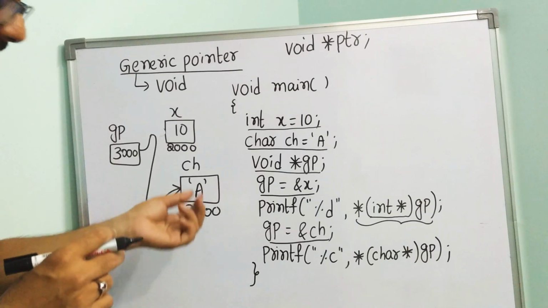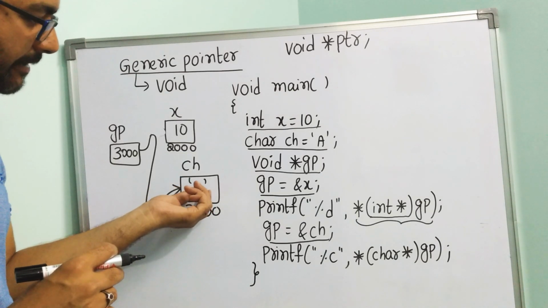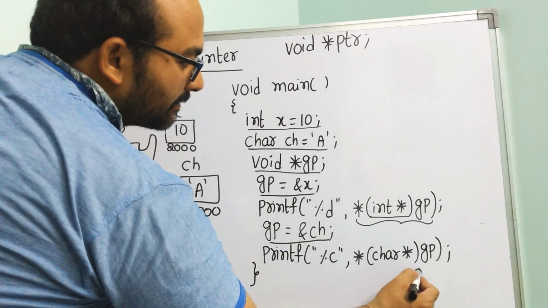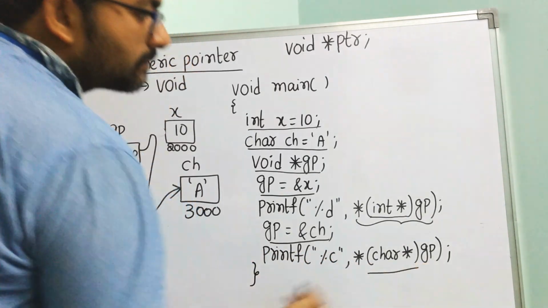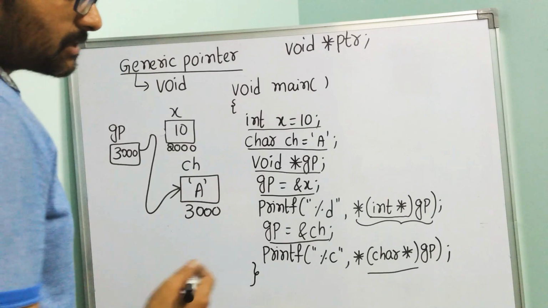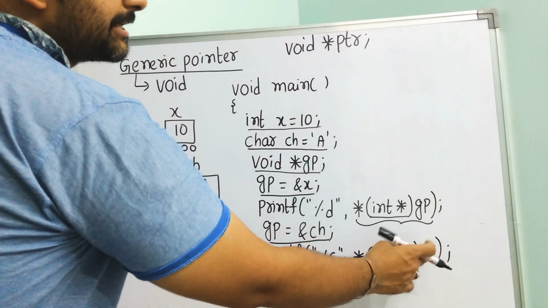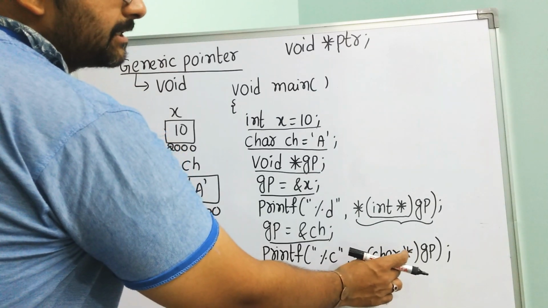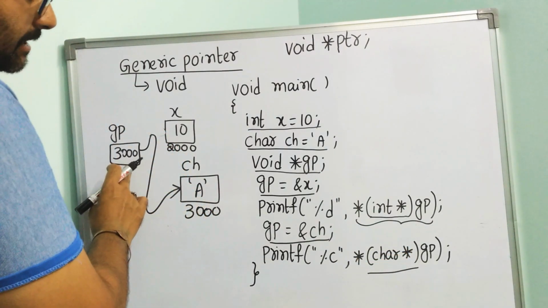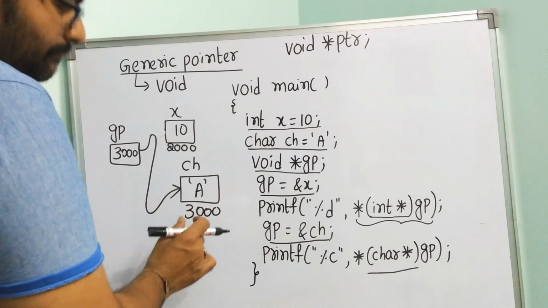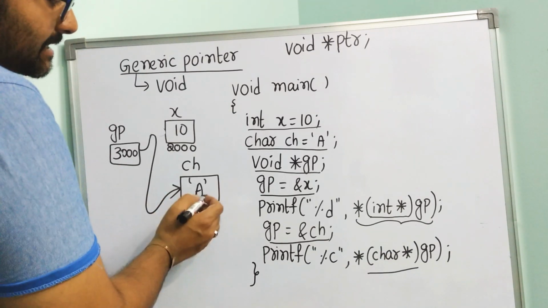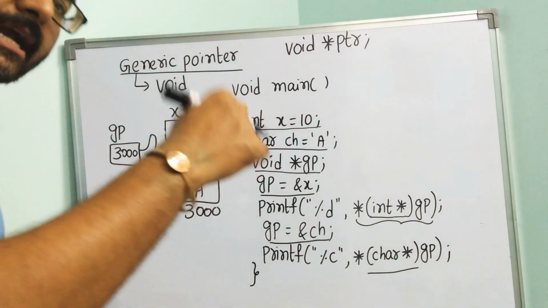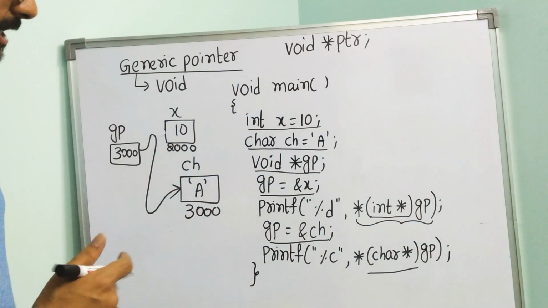In order to access the data inside this memory location, we have to perform typecasting char star GP. So now the generic pointer is typecast to a character pointer, and this character pointer will be able to get the data inside this memory location.